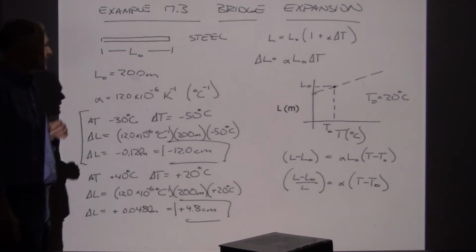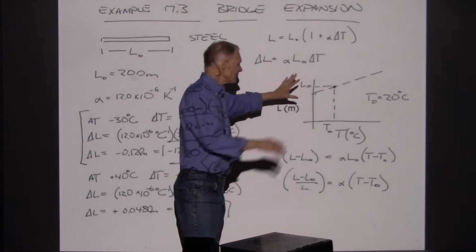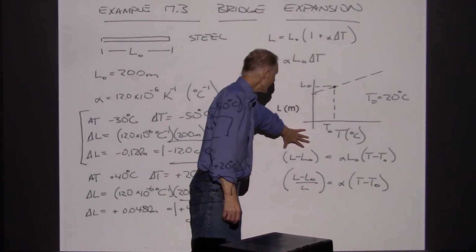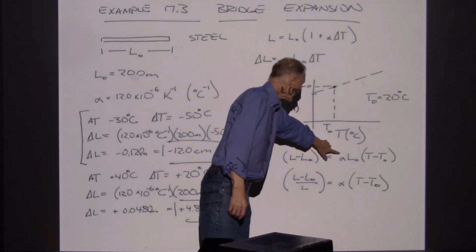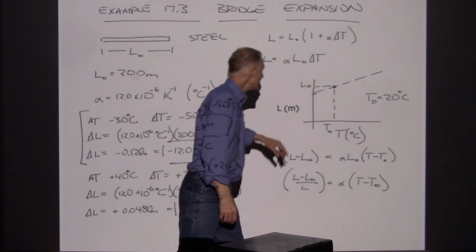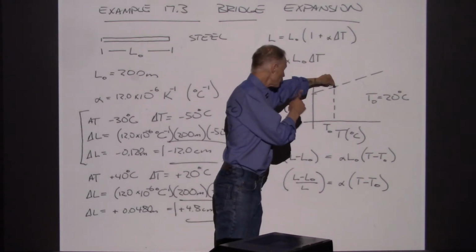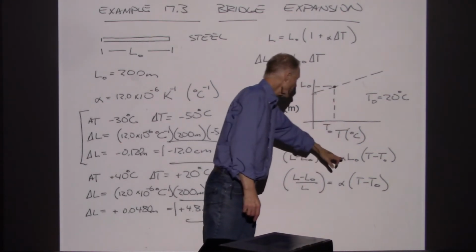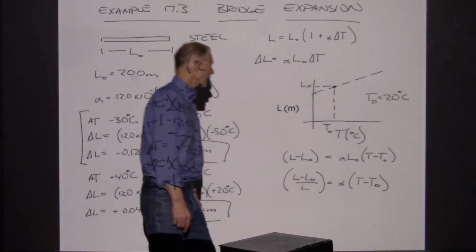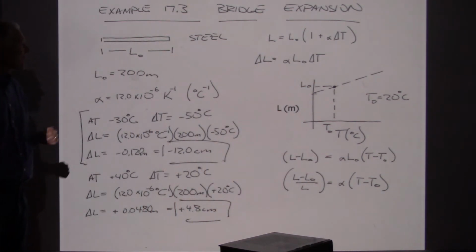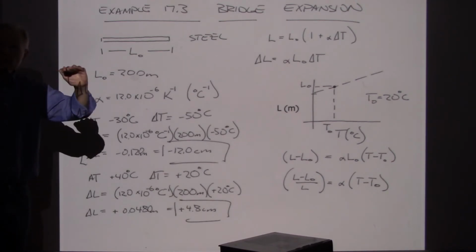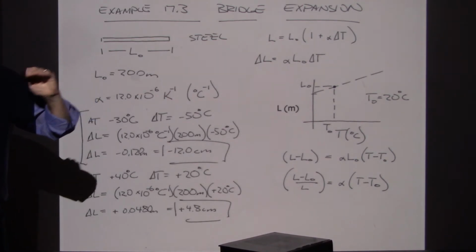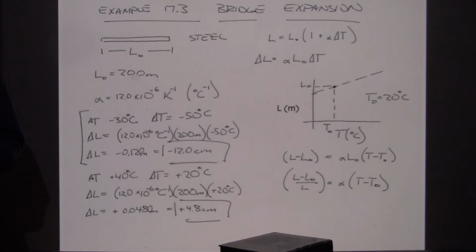So if we represent it as a linear function, if you remember your algebra for straight lines, I can do L minus L naught is equal to alpha L naught times T minus T naught. That's a straight line that goes through the point L naught, T naught and has a slope of alpha L naught. So that's where the formula is coming from. It's this assumption that a line will represent the expansions.